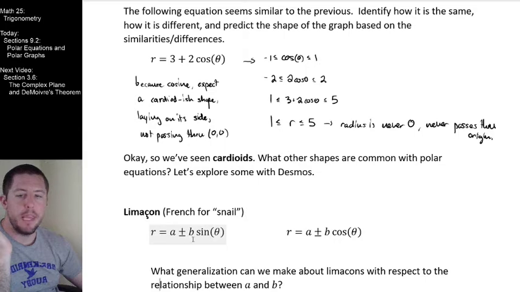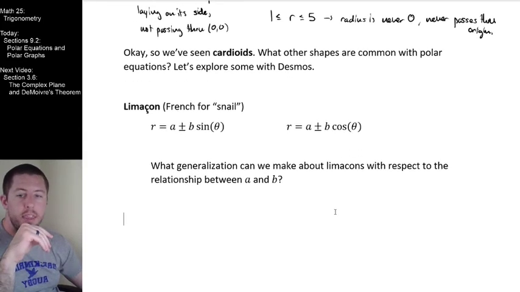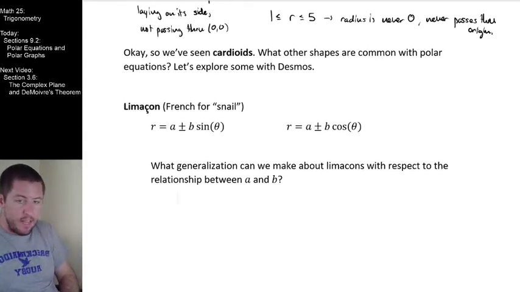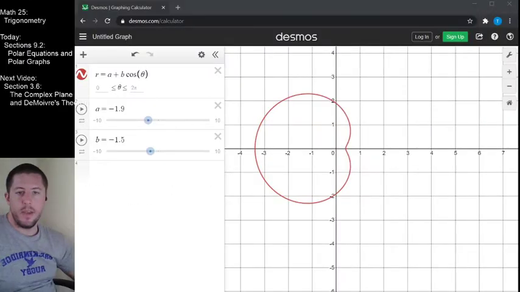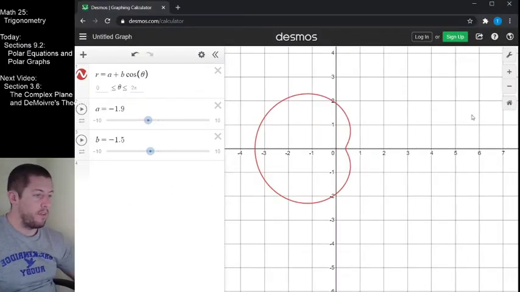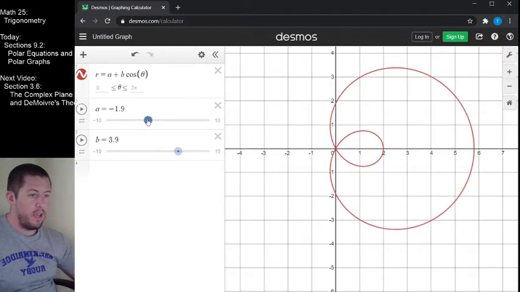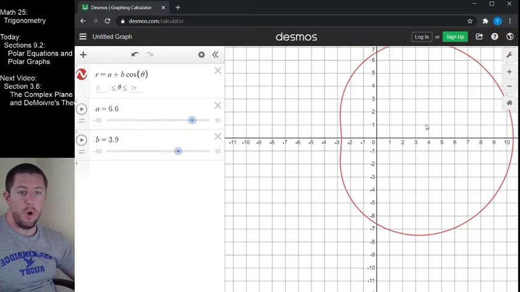A plus or minus B sine theta. We just did those. And so I think we can say things like: no inner loop if, and let's go back and ask ourselves, when was it that we had no inner loop? It looks like it's when the A value is more extreme than the B value, and we can verify that over here. A is more extreme than B, no inner loop.